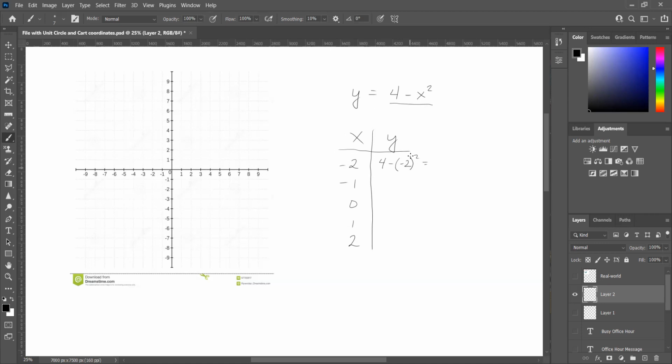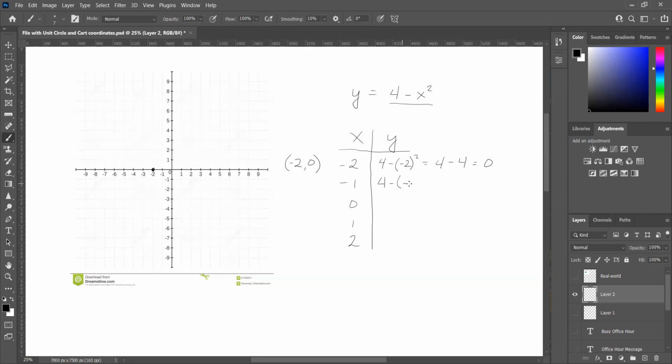Well, -2 times -2 is 4, so this becomes 4 minus 4, which is 0. So I now have the ordered pair, the x I picked and the y I got when I plugged that in: -2, 0. I'll come over to -2 on the x and 0 on the y, and it puts me right there.